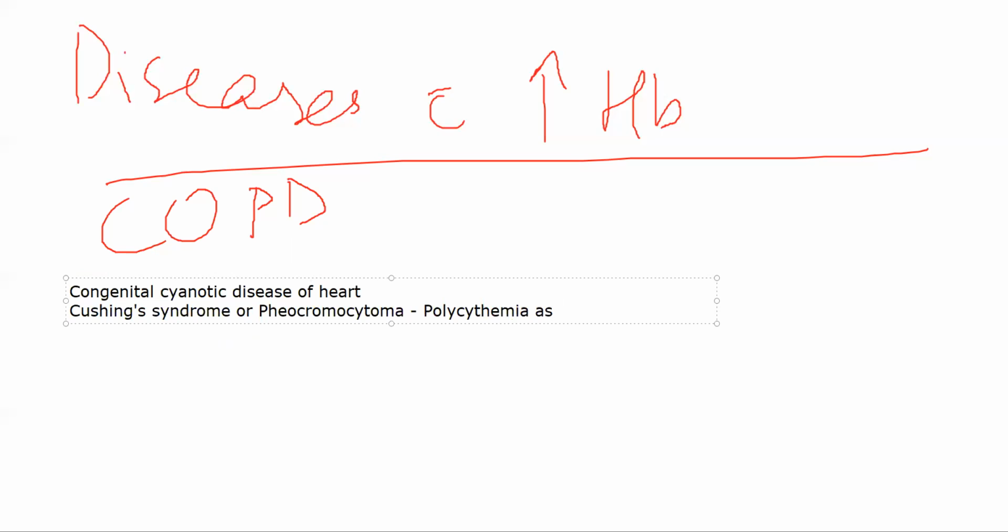Polycythemia as primary or secondary manifestation. ठीक है? या फिर the patient is having renal cell carcinoma. Renal cell carcinoma में generally क्या होता? There is ectopic secretion of erythropoietin because of which hemoglobin amount increases. Sometimes in smokers as well. ठीक है?